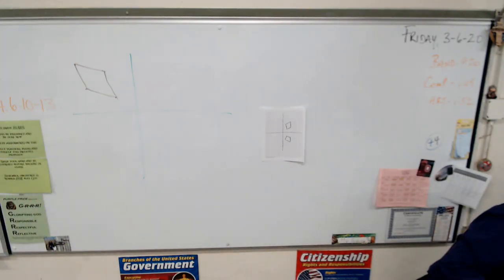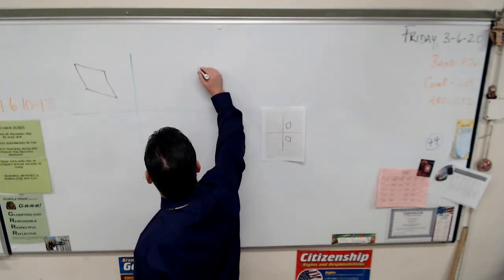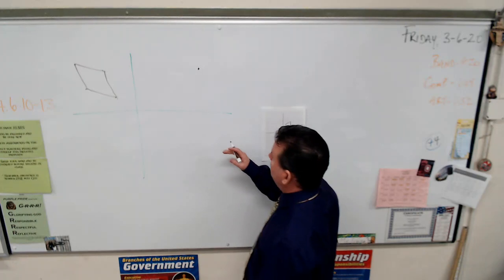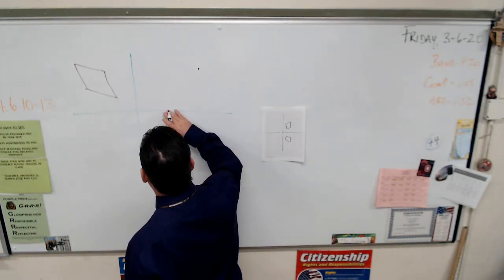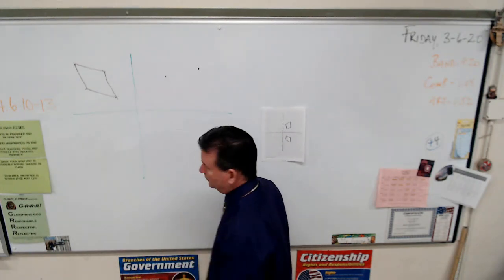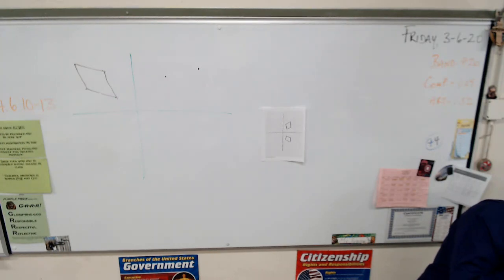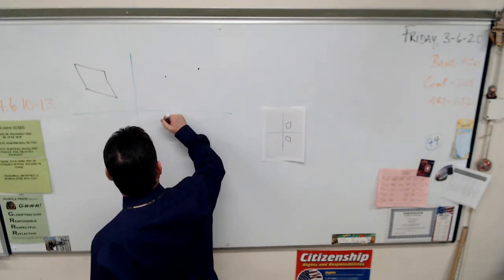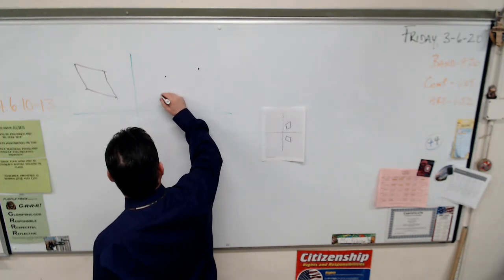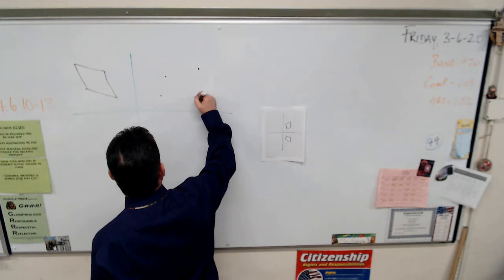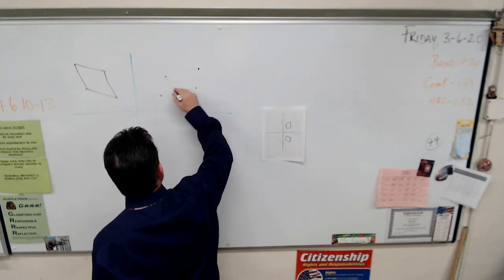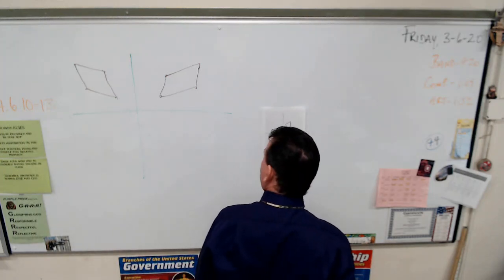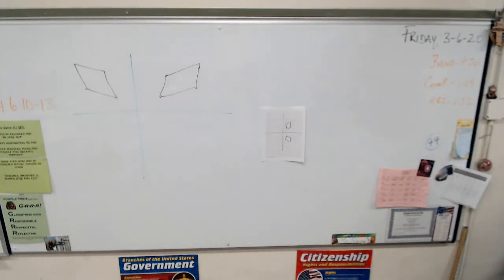So instead of negative 8, 8, it's 8, 8. Instead of negative 4, 7, it's 4, 7. That's the rough sketch.